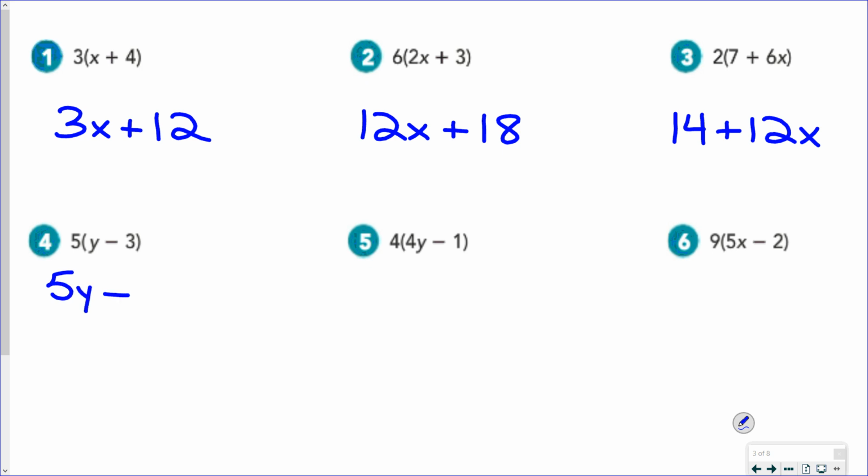And again, we're going to keep that sign. So if we're adding, we're going to add it. In this case, we're subtracting, so we're going to continue our subtraction. And 5 times 3 is 15. For number 5, 4 times 4y is 16y, and 4 times 1 is 4. And for number 6, 9 times 5x is 45x, and 9 times 2 is 18.